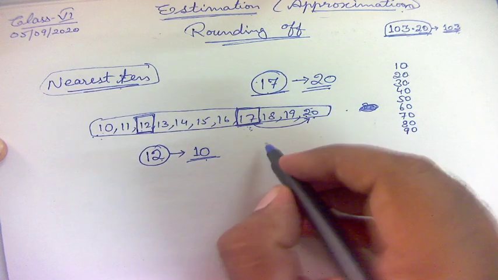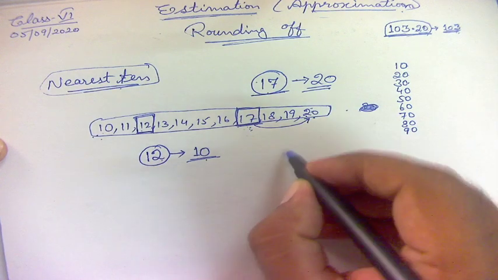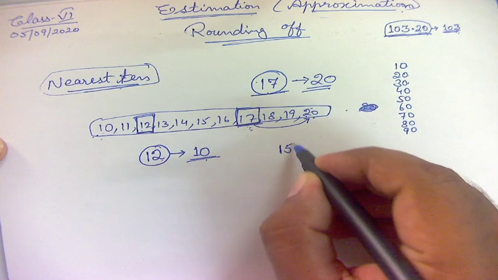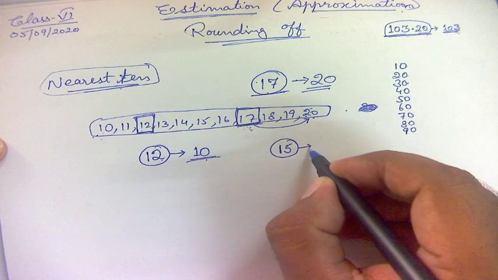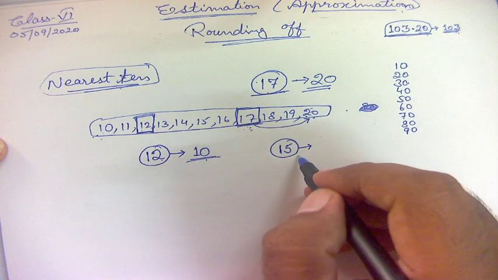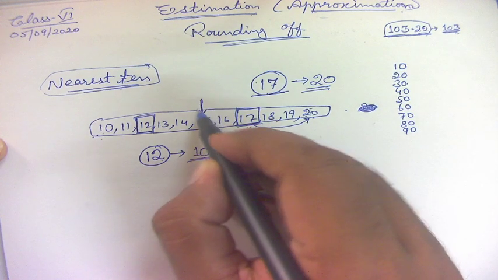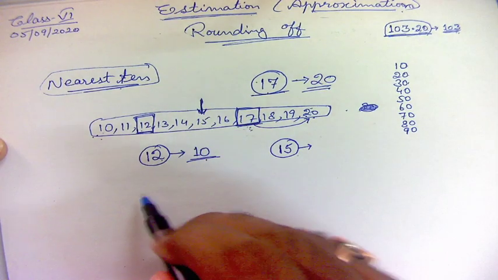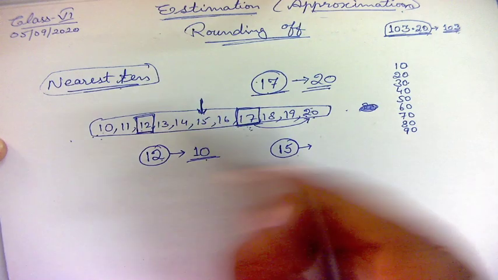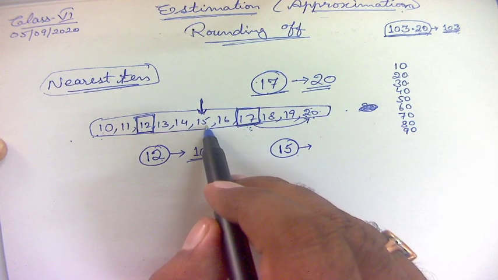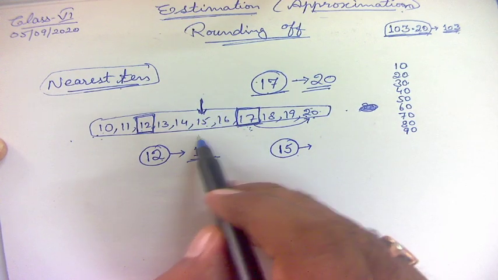Now the question arises, if it is 15, then what will we do? अब 15 की अगर हम बात करें तो 15 के लिए क्या करोगे? ये 15 है. अब 15 अगर आप चेक करते हो तो वो 10 और 20 के बीच में आता है. It is the midpoint. It is the center.